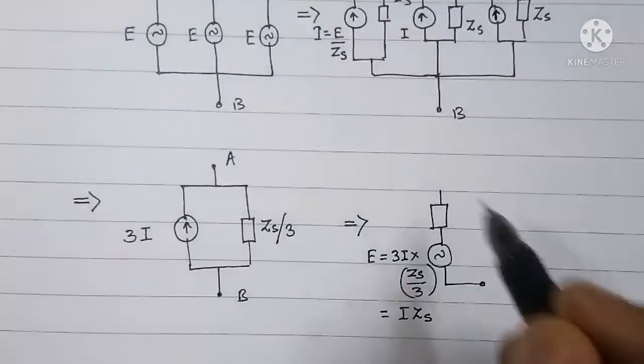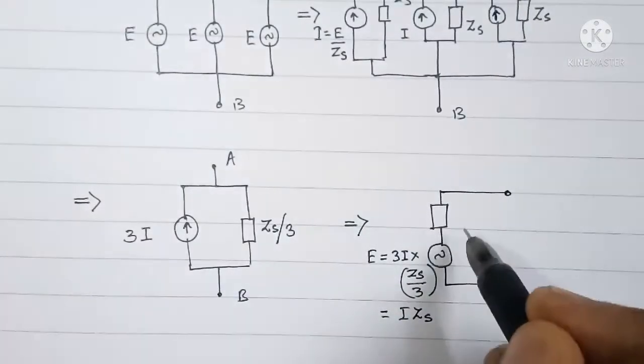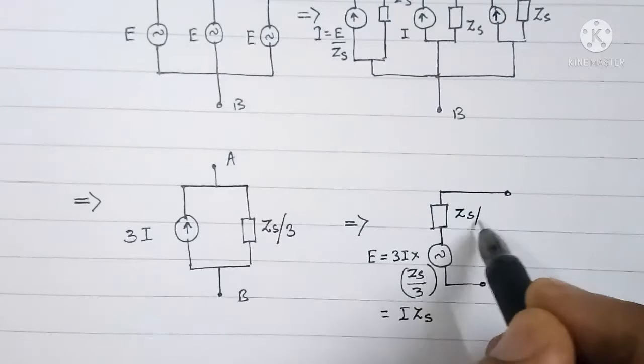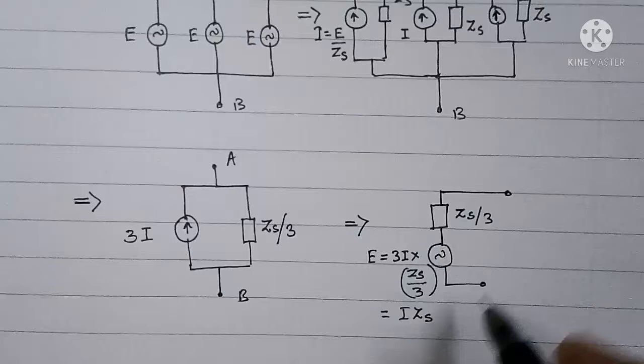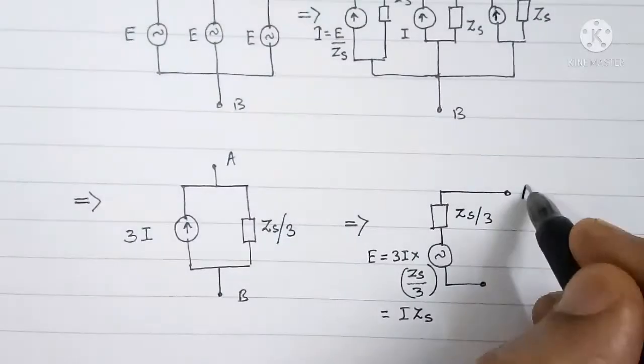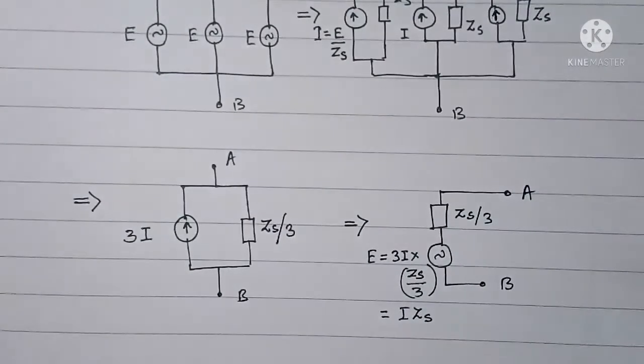So between terminal A and B now we have an impedance of ZS by 3 and EMF E equal to I into ZS. So this is terminal A and this is terminal B.